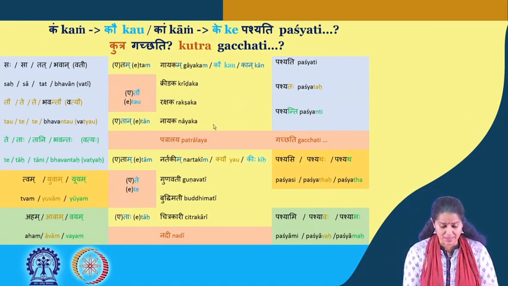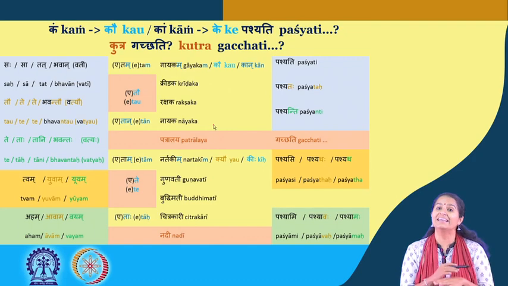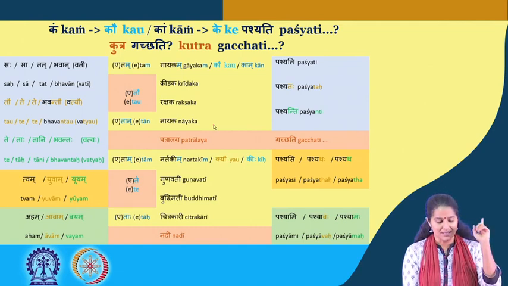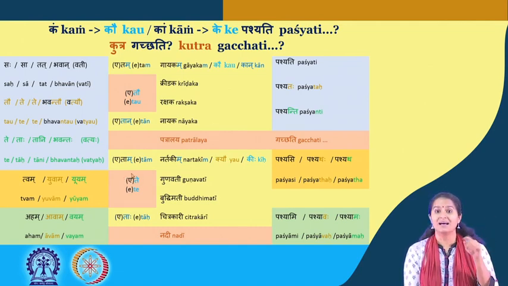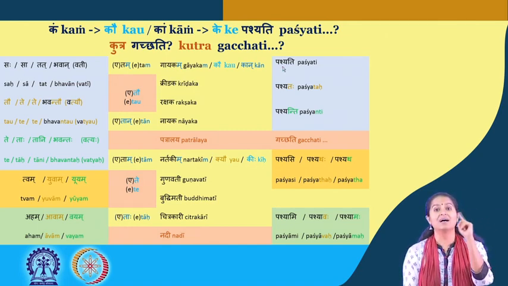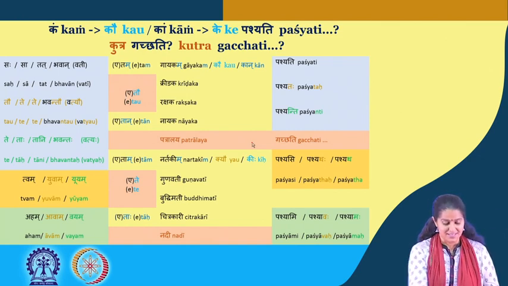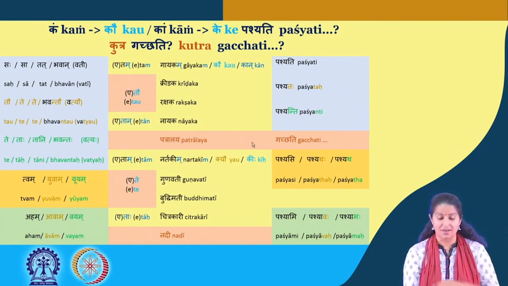Now let's see another one. What happens to the ikara there? Alright, so we have tam, saha, we'll stick to the saha, saha tam nartakim pashyati, he sees that dancer, two of them, saha te nartakyau pashyati, and then he sees those dancers, saha taha nartakihi pashyati.